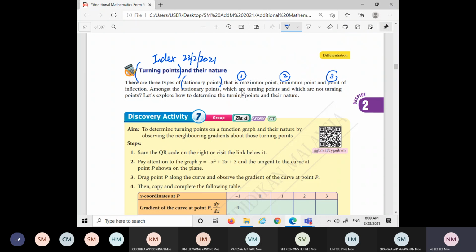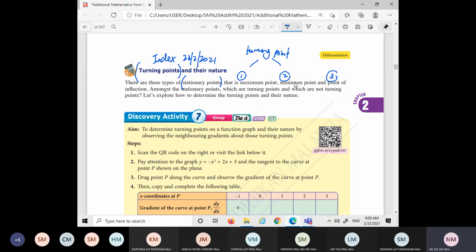So if we say turning points are these two, number 1 and number 2, this one we call turning point. Then number 3 is not a turning point. The point of inflection is not a turning point. So stationary points have three types.